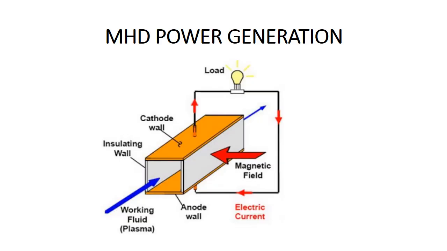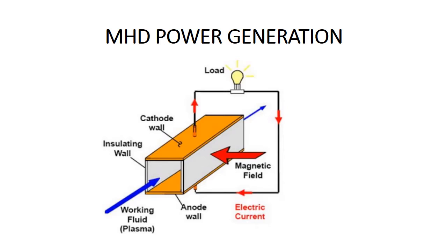Here you can see the figure of an MHD power generator. There is a working fluid plasma, that is the liquid metal or the ionized gas, which we pass through the generator. The generator consists of magnetic fields, and it has two walls, a cathode wall and an anode wall.